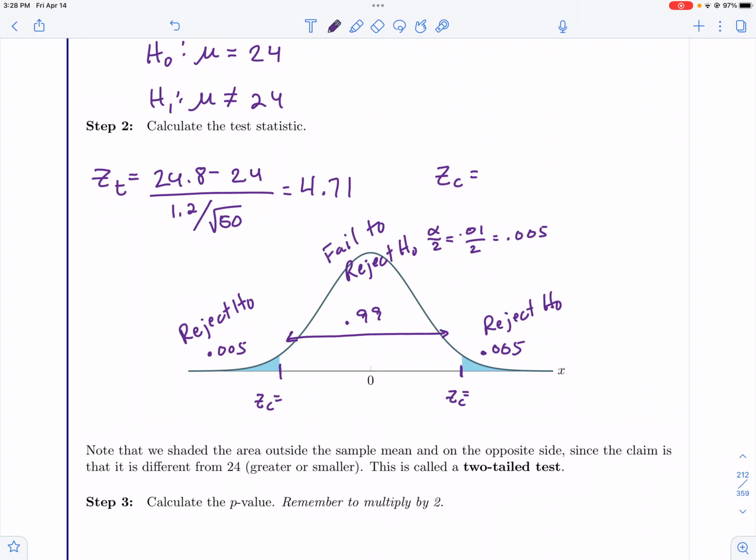All right, so now that we've got our percentage that we need to throw into our calculator, we can go ahead and calculate our comparison Z. So we're going to do inverse norm of 0.005, comma 0, comma 1.